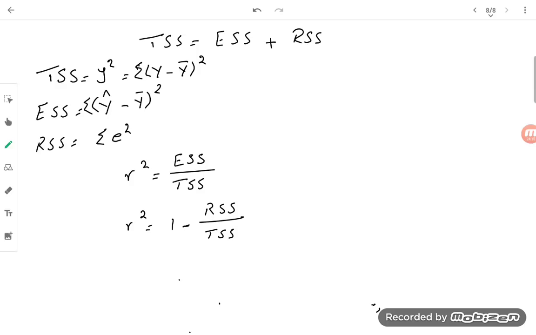So let's return back to our example and calculate R squared in our case. As we said, summation e squared equals 11.82, and summation small y squared equals 128.